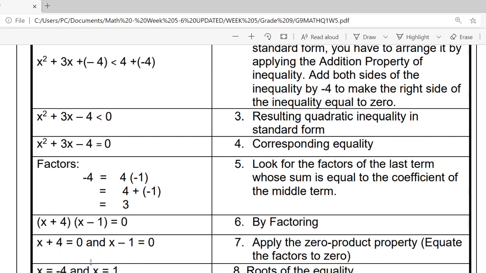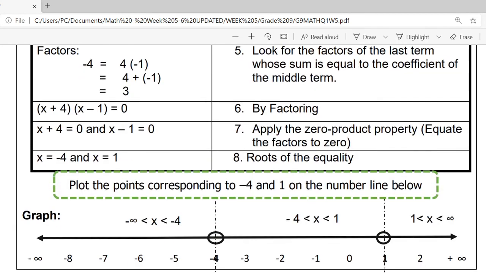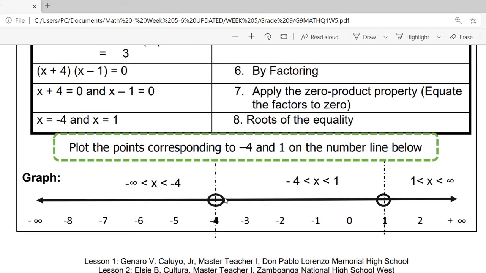These roots are called critical points. From here, you plot them on a number line: negative 4 and positive 1.